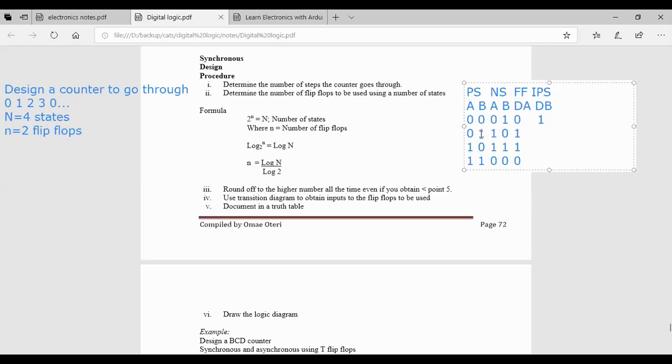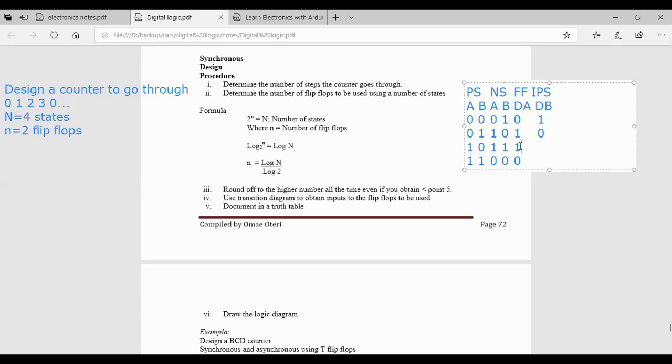So let's do for B now. B will be 1 to 0, which is 0. 1 to 0, 0.